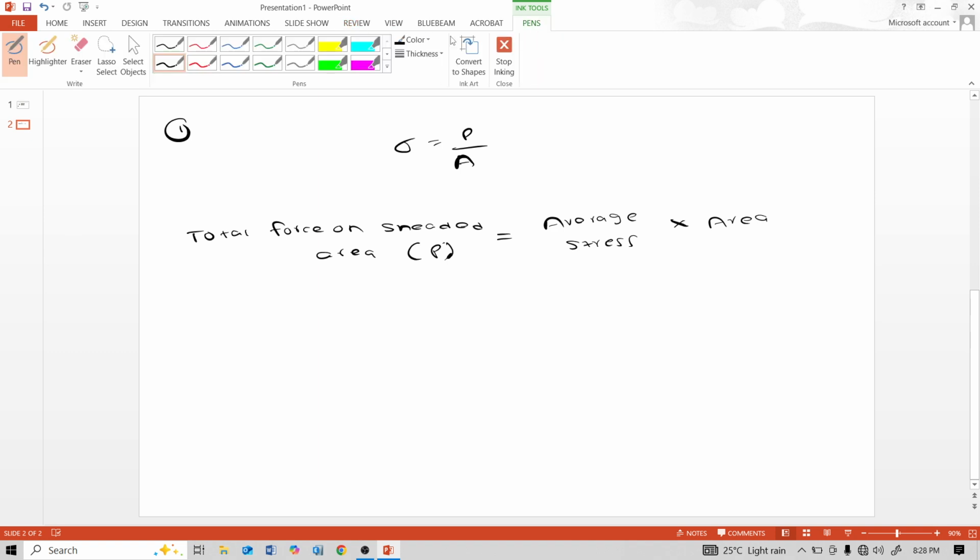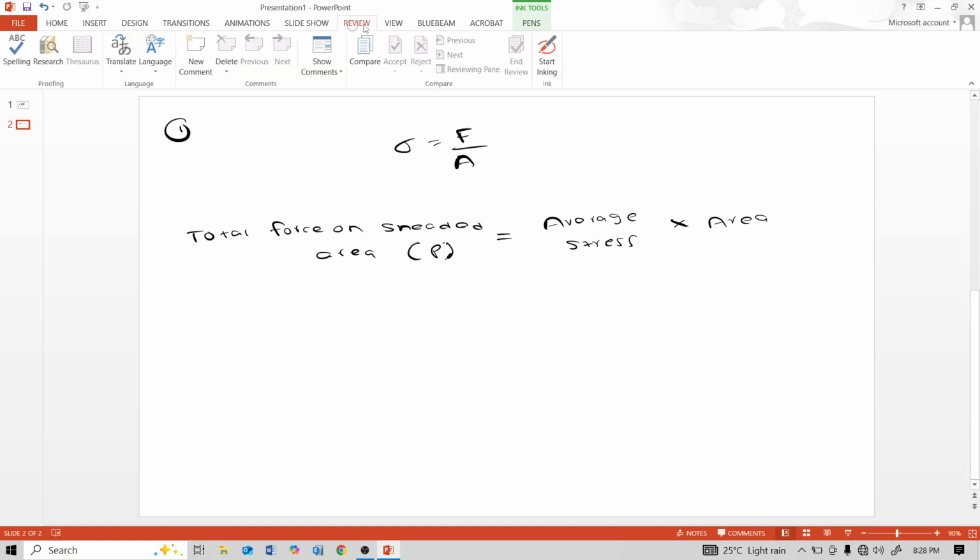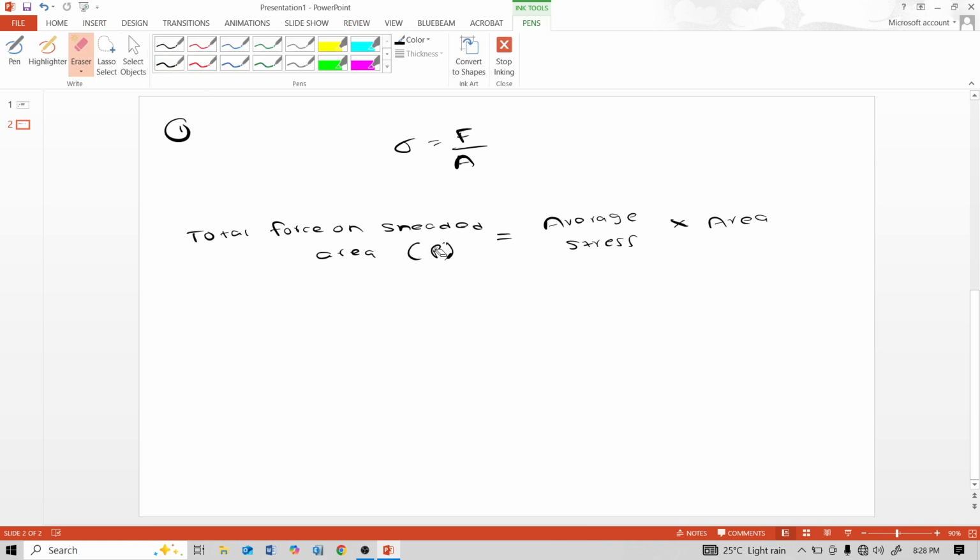This P load, that means this is the F, force upon area. So this F is equal to sigma into A here.